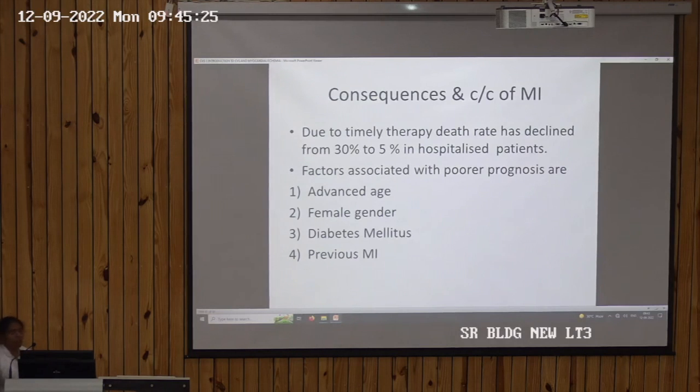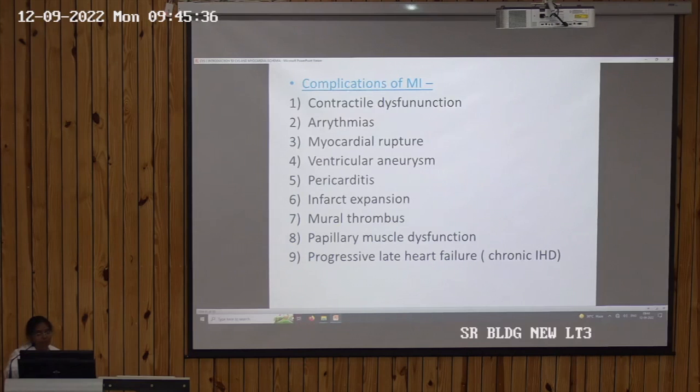Then what are the consequences and complications of MI? The prognosis is affected by advanced age, the female gender, diabetes mellitus, and any history of previous MI. So there can be contractile dysfunction, there may be arrhythmias, there may be rupture, aneurysm, pericarditis, the infarct may enlarge, and in the infarcted area there may be development of mural thrombosis in the chamber.